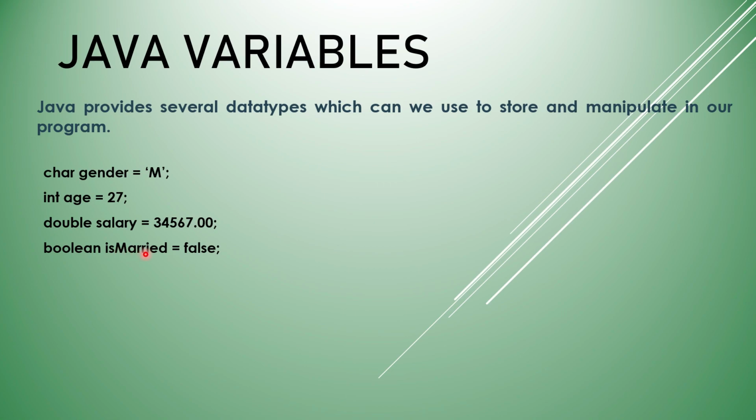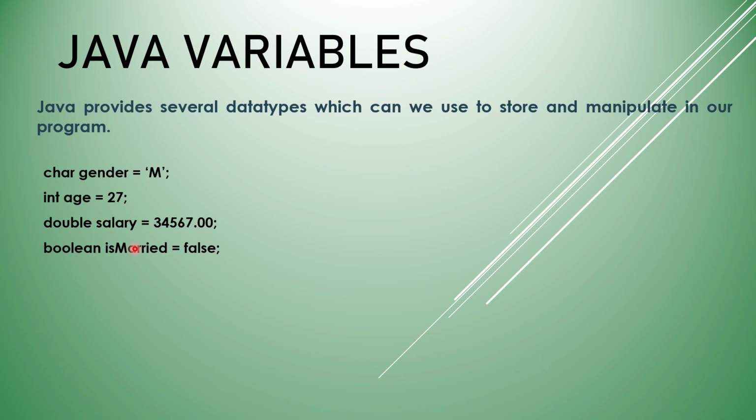If the person is not married, we can store false here. So is married is a variable which can hold true or false because it is of type boolean. So boolean type allows you to store either true or false. There are only two types of values for boolean type. So is married is false.